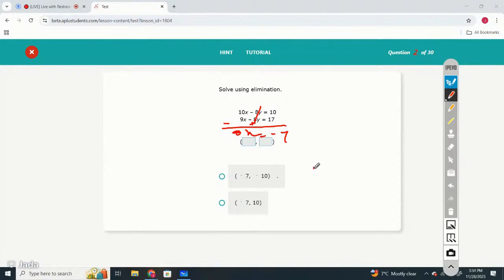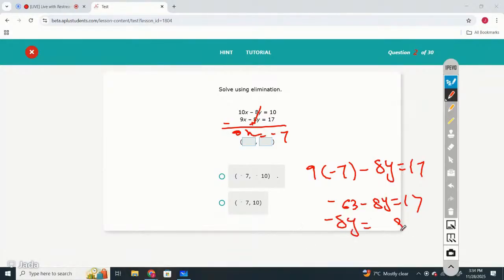So substitute x in any of the equations and calculate the value of y. So add 63 to both sides. Negative 8y equals 80.